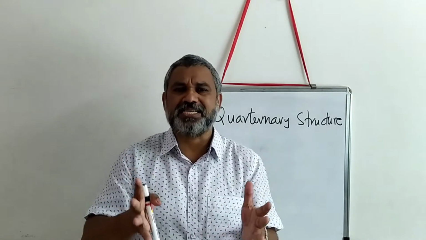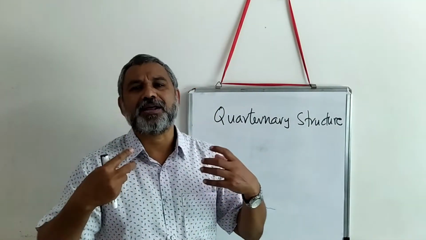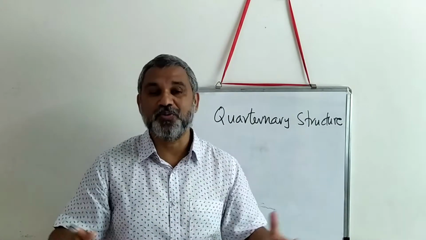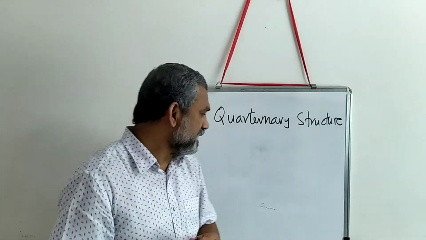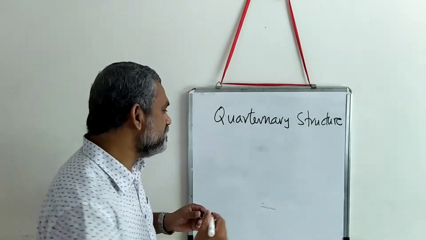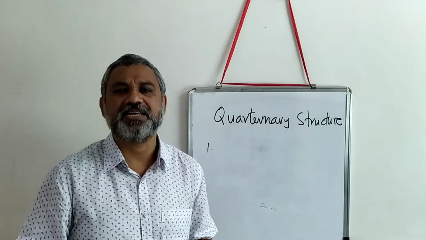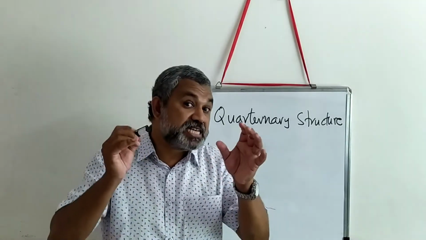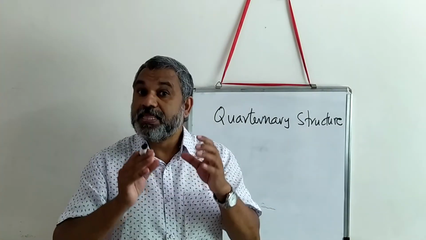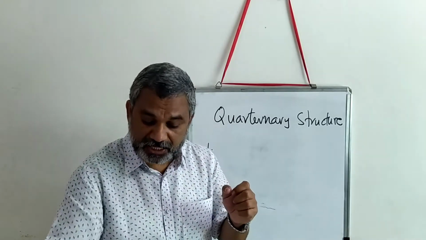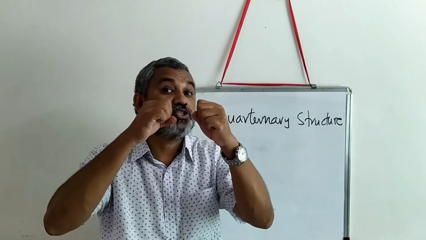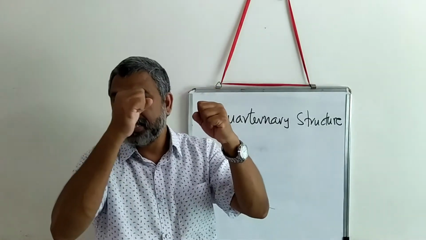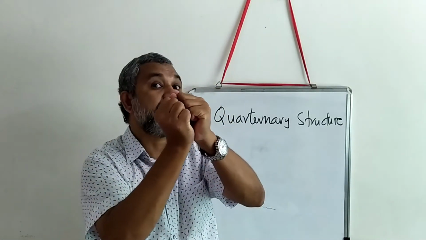There is a reason why proteins are made up of oligomers, or more than one unit. The first reason is, if you look at the active site of the enzyme, it is normally between two domains. You have one monomeric unit and a second monomeric unit, and they come together.